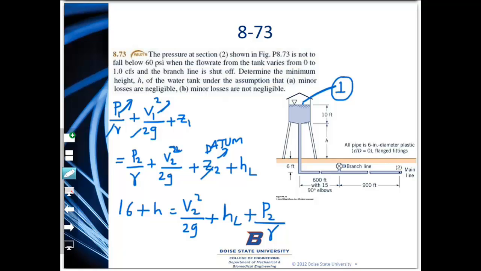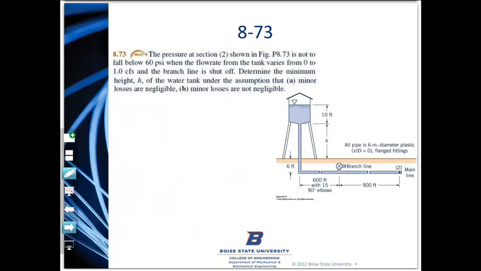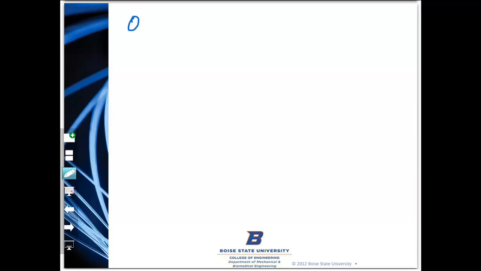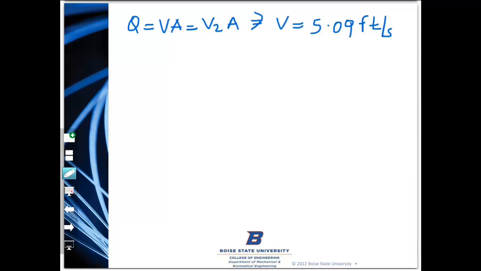In this we know P2, we know gamma, we don't know V2, but we are given a flow rate. So let's take the highest end, which is 1 cubic feet per second. Q is nothing but V times A, which is V2 times A. You know the diameter of the piping here, so you can get V, which will be 5.09 feet per second.